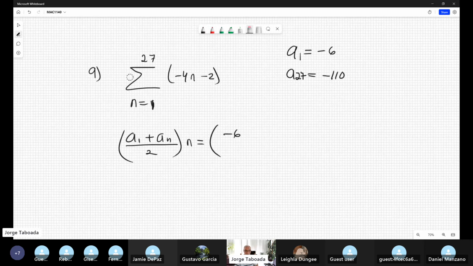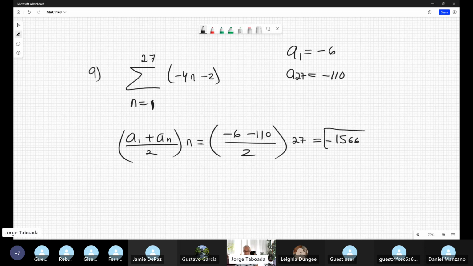It's negative 110 divided by 2 and multiplication by 27. The answer is then minus 1566. It's logical, no? It's negative because every element is negative, so it is the addition of negative numbers. The summation would be negative, no? That's logical.